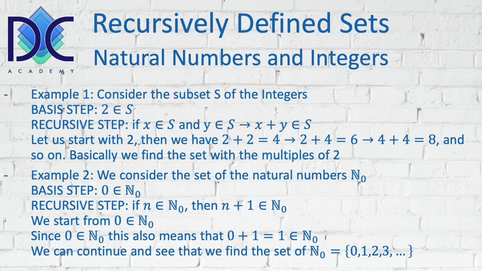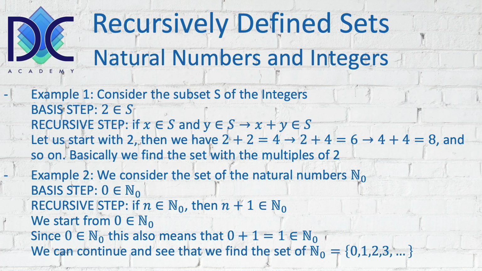We can count 1 tree, but we cannot count 0 trees. So typically, the extension including 0 is written as N0. The basis step here is 0 is an element of N0. The recursive step says if n is an element of N0, then n plus 1 is an element of N0.